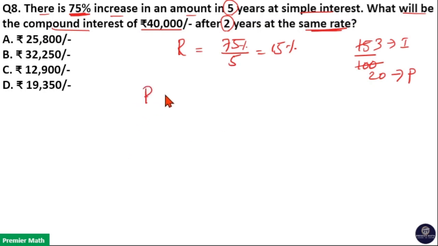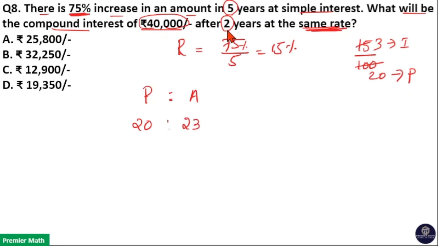Then take the ratio between principal and amount to calculate the compound interest for 40,000. Here compound interest is calculated at the same rate. That's why principal is equal to 20 parts for 1 year and amount is equal to principal plus interest, that is 20 plus 3, 23 units for 1 year.